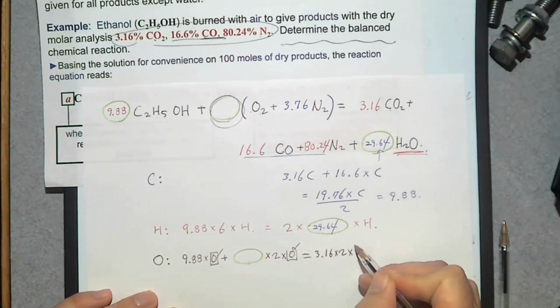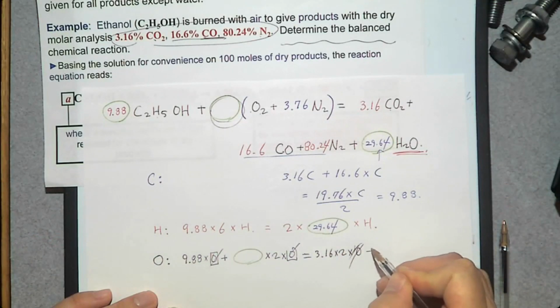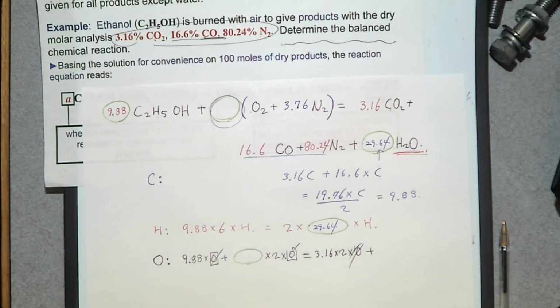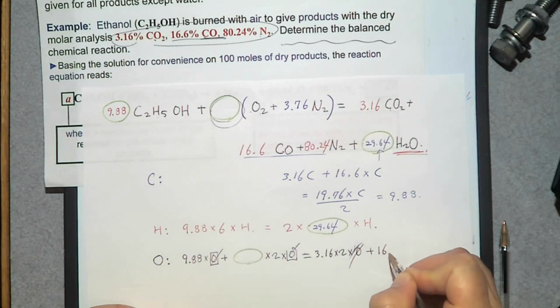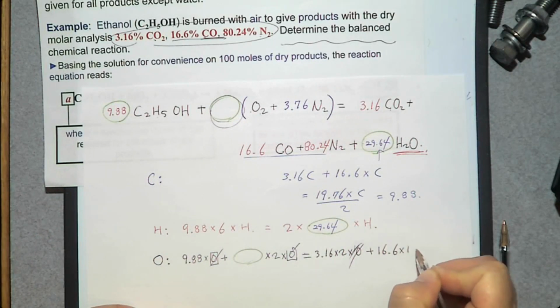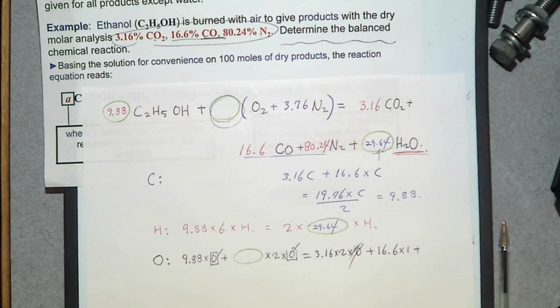You can just get rid of the unit. Plus 16.6 oxygen times 1, plus 29.64 oxygen.